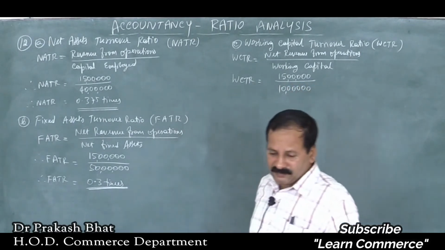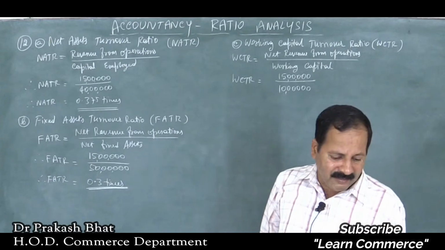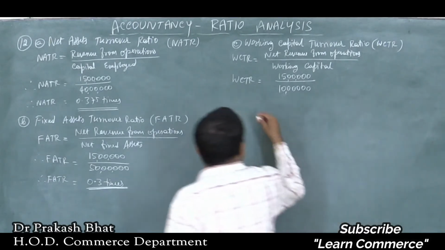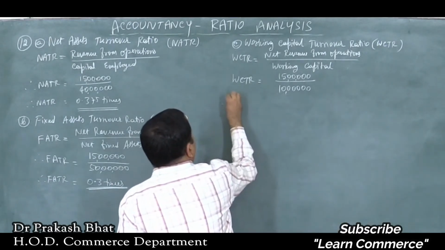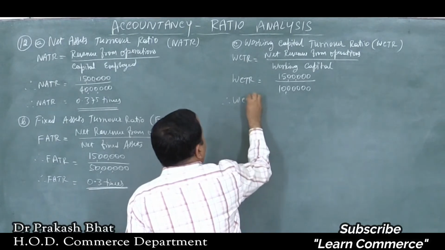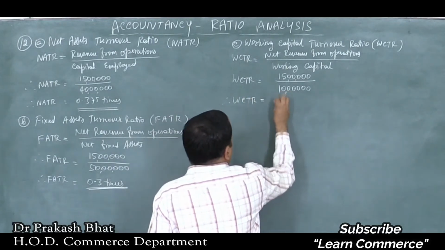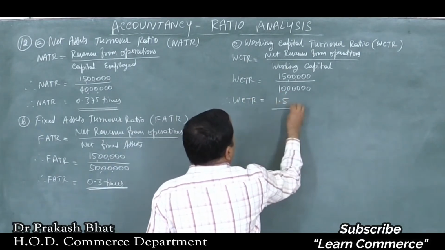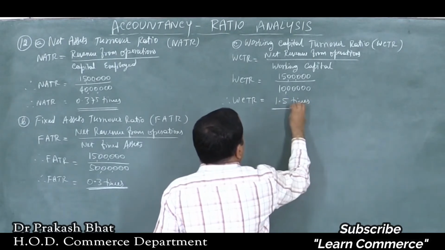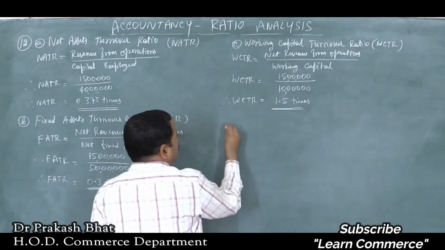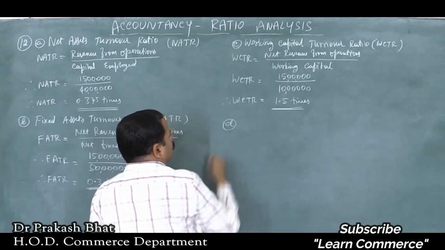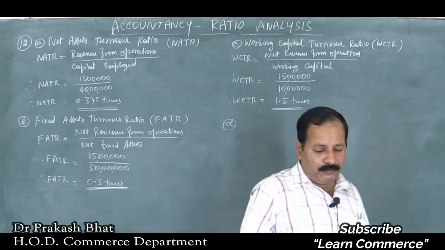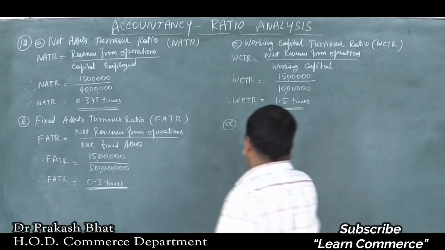Yes, isn't it? 15 lakh divided by 10 lakh is equal to 1.5 times. Therefore, WCTR, working capital turnover ratio, is equal to 1.5 times. Let us move on to the next one, the fourth one, that is operating ratio.